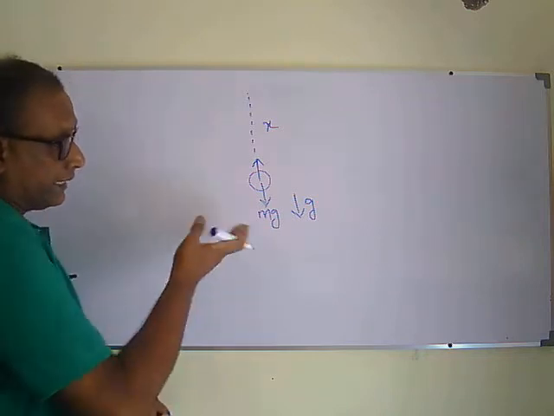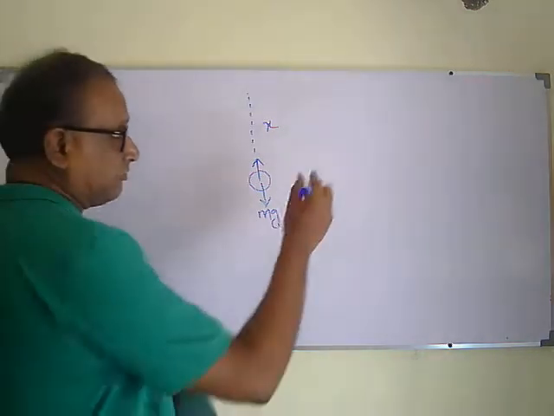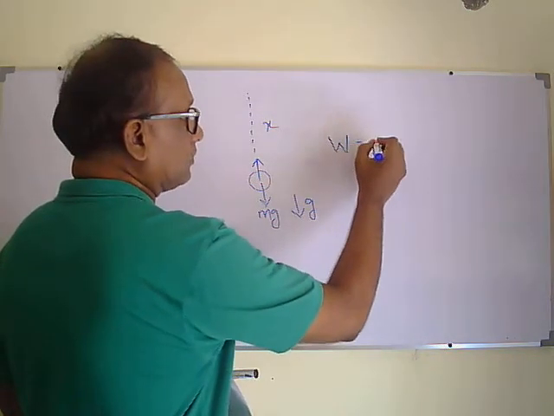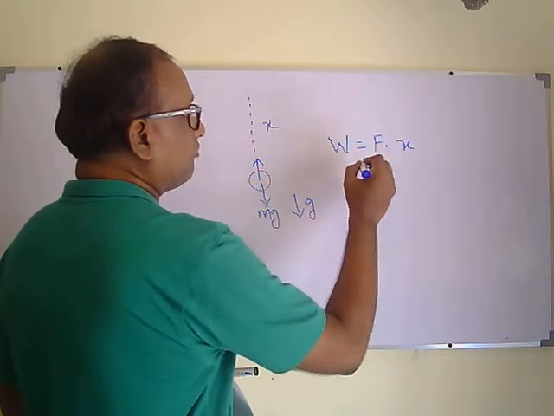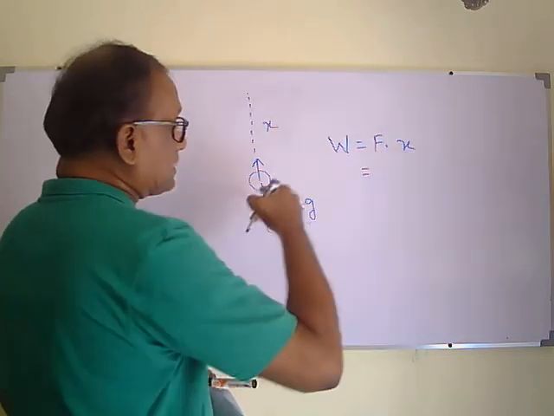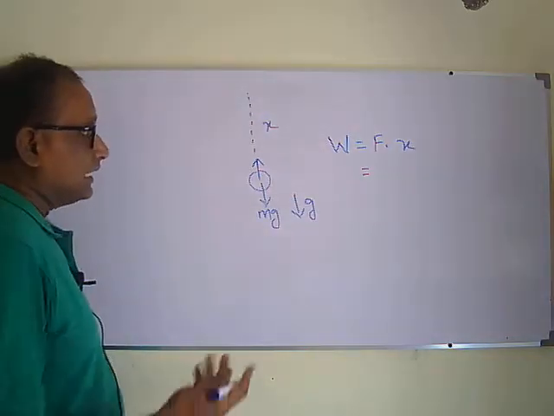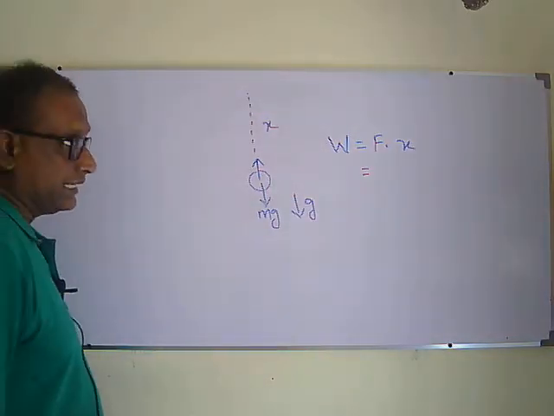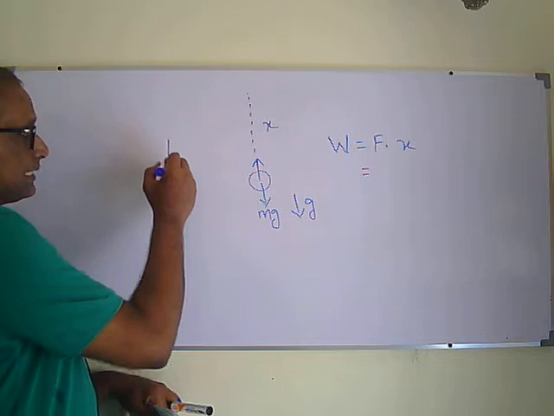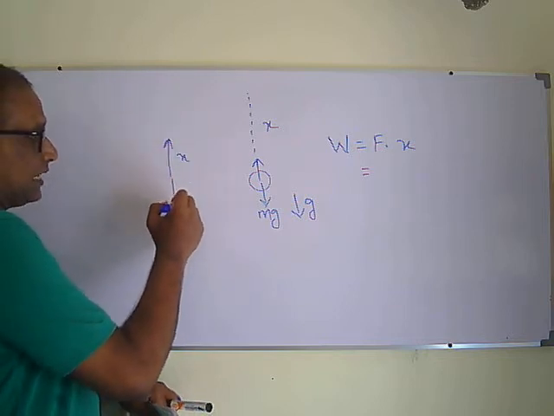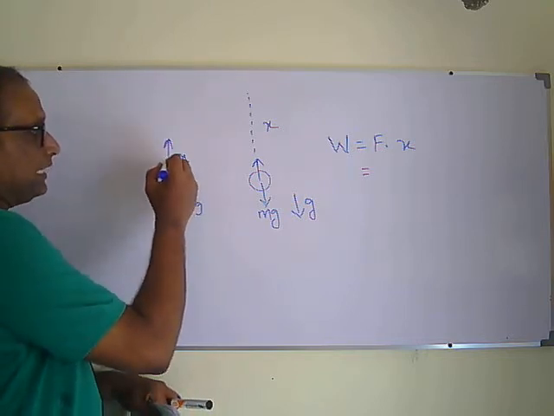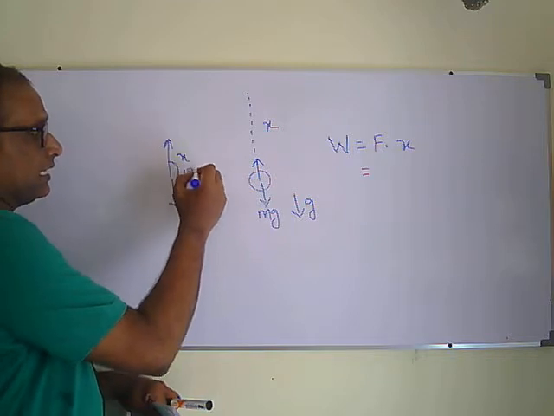So here the work done on the object by the gravitational field is W equal to F dot x. Force is downwards, and the displacement, the height it moved, is upward. So the angle between these two is 180 degrees.